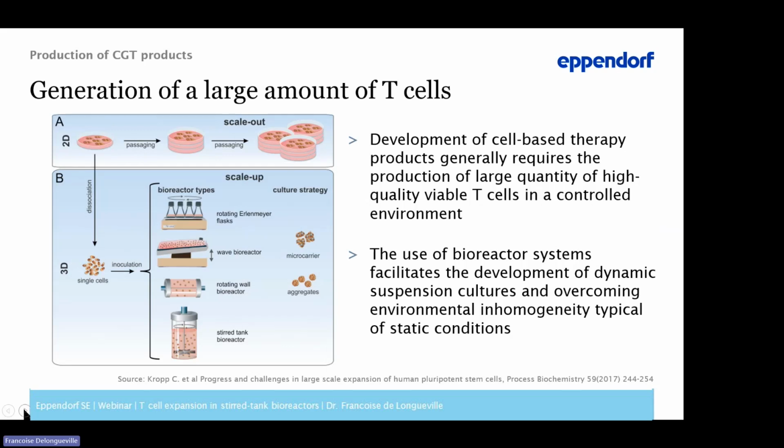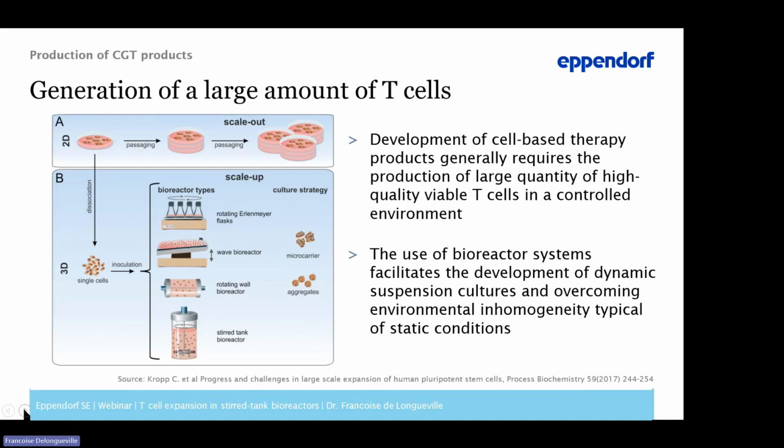Therefore, the stirred tank bioreactor can offer a suitable environment for the culture of T cells by providing a homogeneous distribution of nutrients and gas in order to have high process control capability.